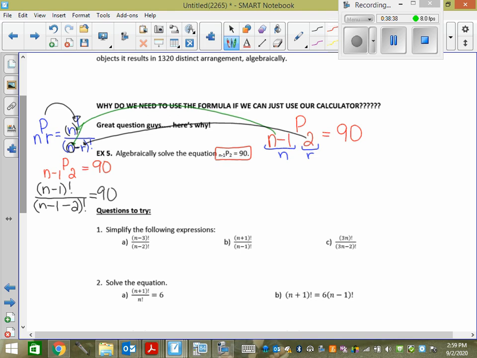So I'm going to get n minus 1 factorial on the top over n minus 3 factorial on the bottom equals 90. Because n minus 1 minus 2 is n minus 3, right?